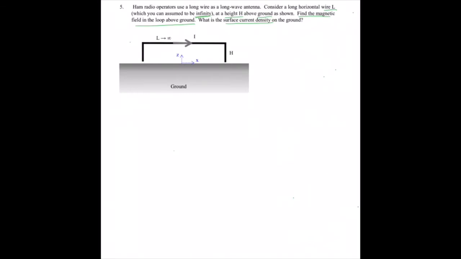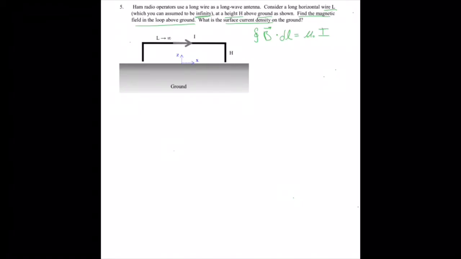Now, when we think of magnetic fields, we need to think of Ampere's law. Ampere's law states that if we have our magnetic field dotted with our dl, our loop, it's equal to mu naught I, I being our current. Similar to Gauss's law, we can simplify this expression so we don't have to do this complex line integral.